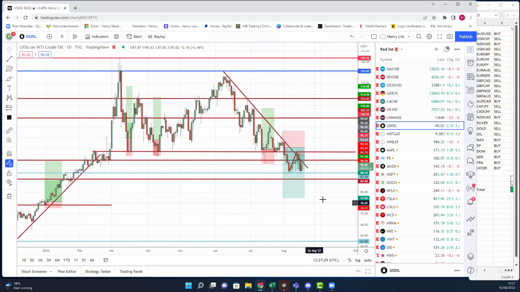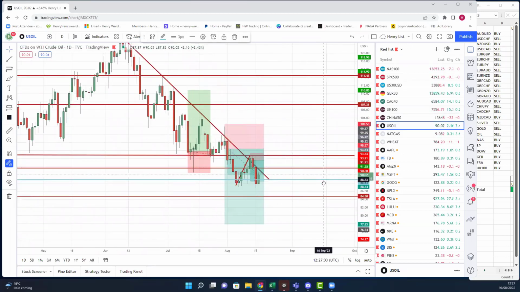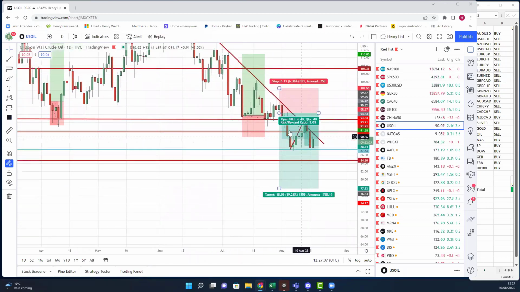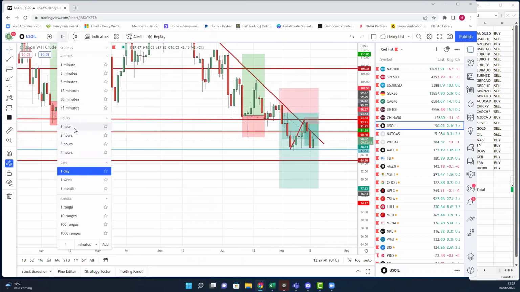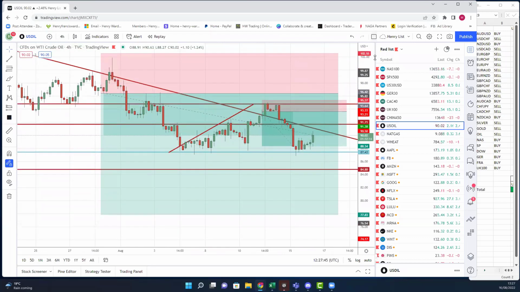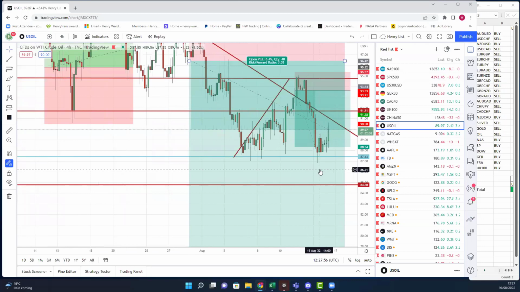Oil. If you took oil on the smaller time frame, like we talked about, off that there, well done, you had a 3-1. It would have been a very aggressive trade again.